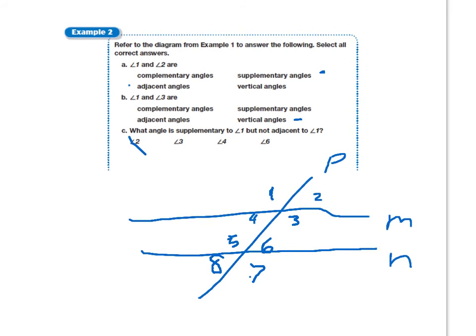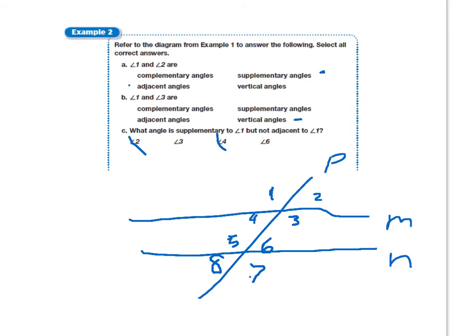And we're looking for ones that are supplementary. So if we also look at number 4, it is also adjacent. So again, does not work. Now 3 and 6 are not adjacent, so now we have to decide if 3 and 6 are supplementary. So let's look. Down here, 3 does not create a straight line, so it is not supplementary.